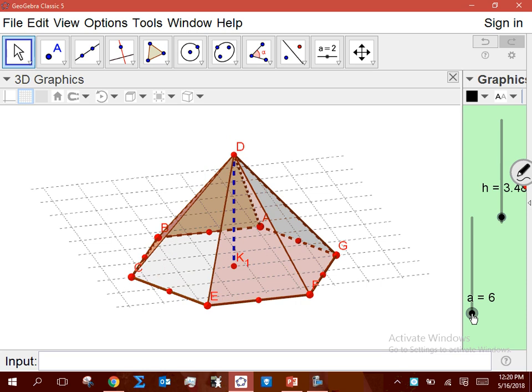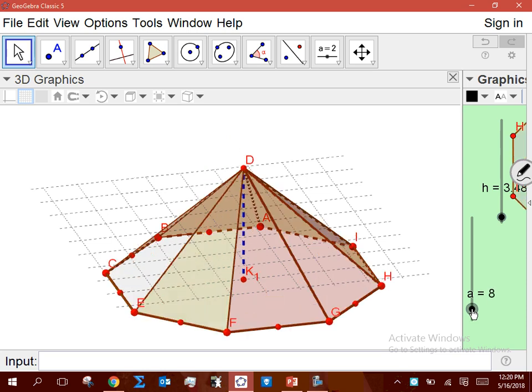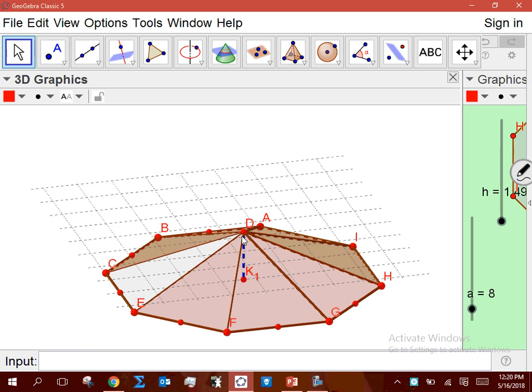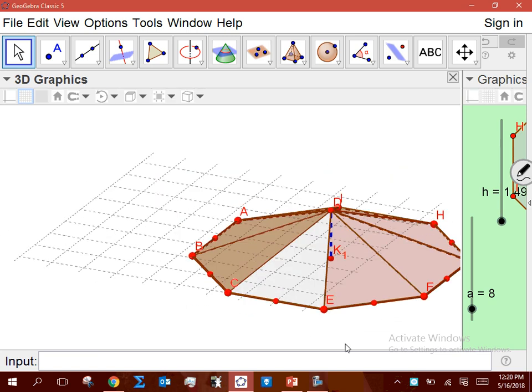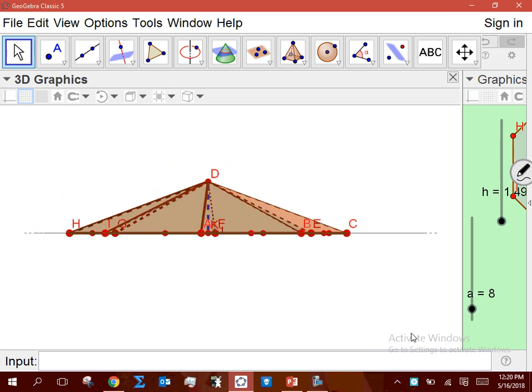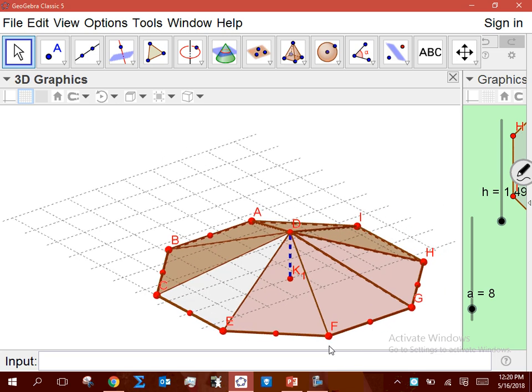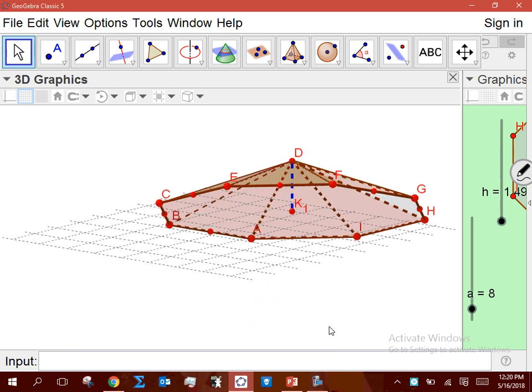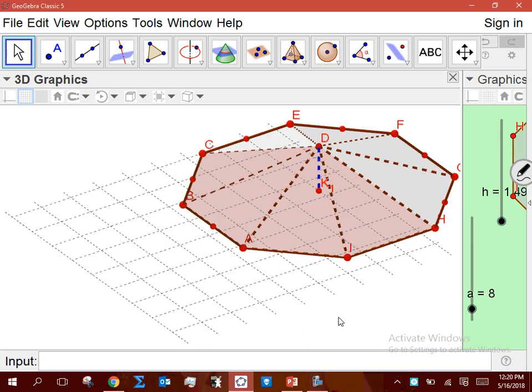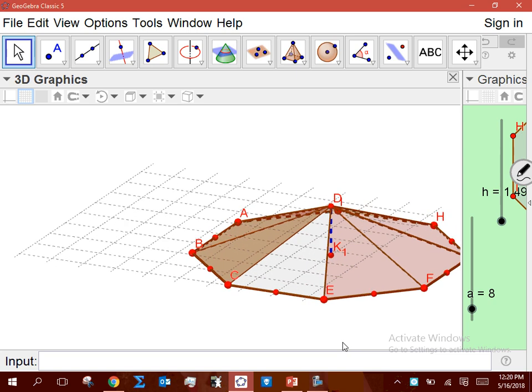But you can add sides and you can start getting these. What is this starting to look like? Maybe if I bring that down a little bit more. Maybe you used one yesterday morning. Looks like an umbrella, doesn't it? Okay. So your umbrellas are maybe fashioned somehow as a pyramid.